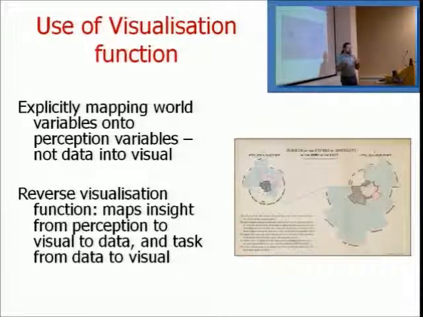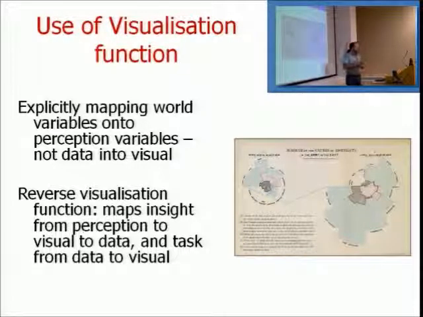Find things that can be confused and shouldn't be. For example, if you map very different things onto variables of the display that can be easily confused, like saturation and brightness in color. There are two things that are distinct but quite easily confused. So that's one use of the visualization function that I think is important.